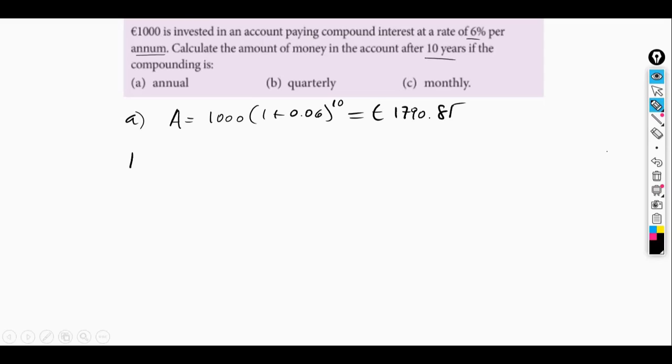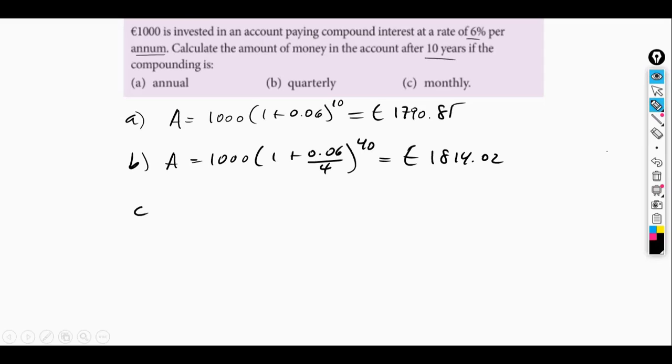For B, it's quarterly, so it would be the same formula, but we would have to divide by n and also multiply the 10 by n. So this would be 1,000 times 1 plus 0.06 divided by 4. That means 4 times a year. And this to the power of 40, right? So this is going to equal, in euros, 1,814.02 euros.